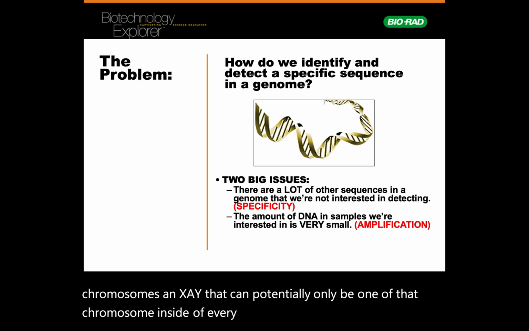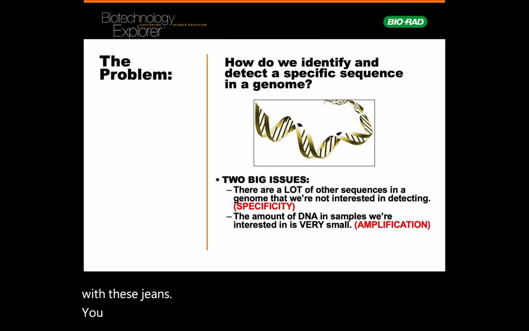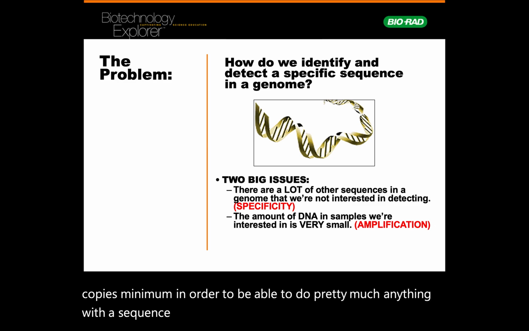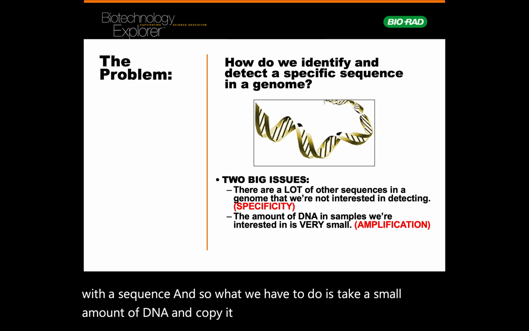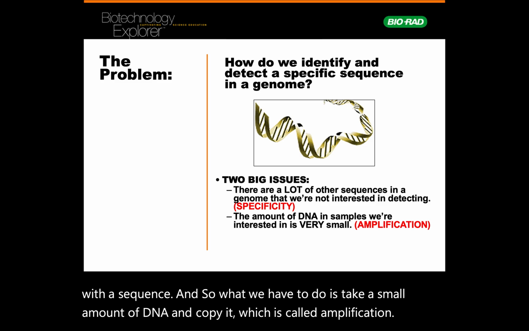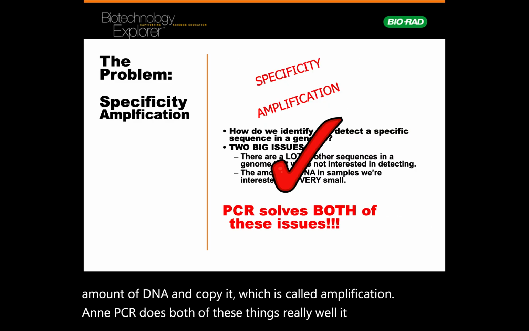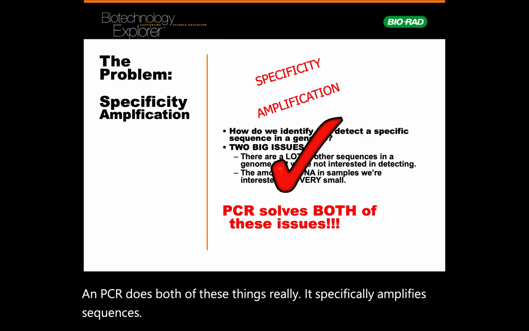So if you want to do anything with these genes, you need not just millions of copies, but more like trillions of copies minimum in order to be able to do pretty much anything with a sequence. And so what we have to do is take a small amount of DNA and copy it, which is called amplification. And PCR does both of these things really well. It specifically amplifies sequences. All right, so yay PCR.